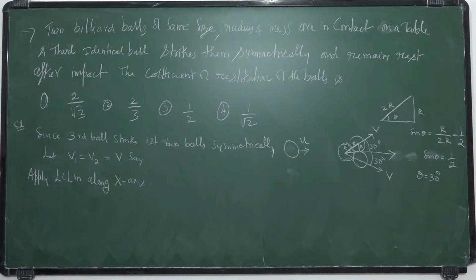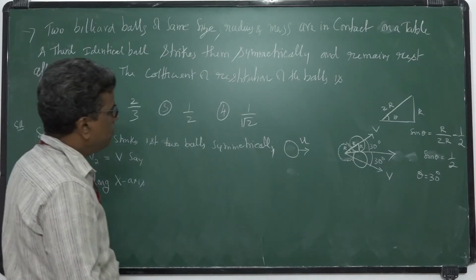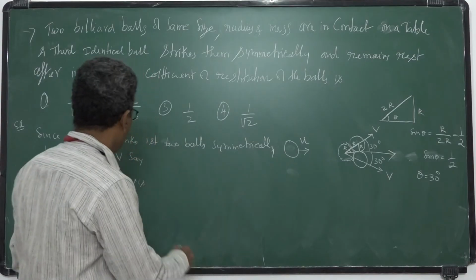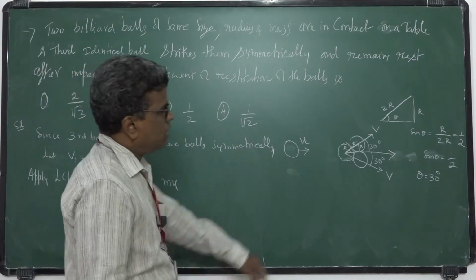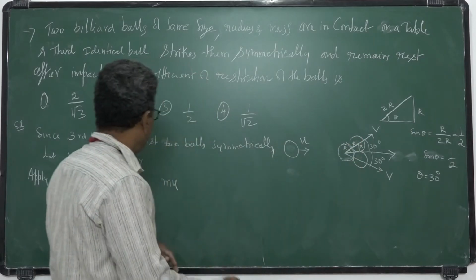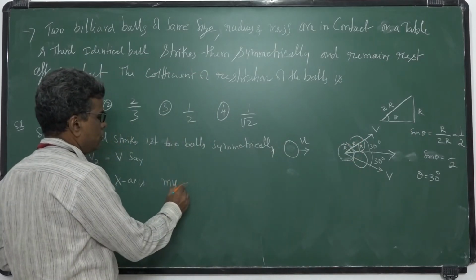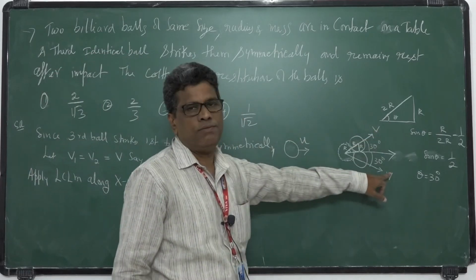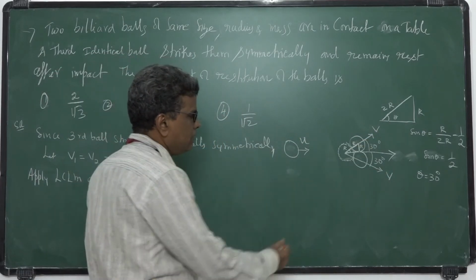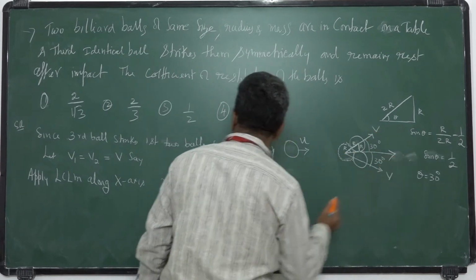So what you will get? Initial momentum of this sphere is mu. These two are at rest, so their momenta are 0 before collision. After collision, they acquire the speeds v1, v. So its momentum in this direction is mv cos theta.